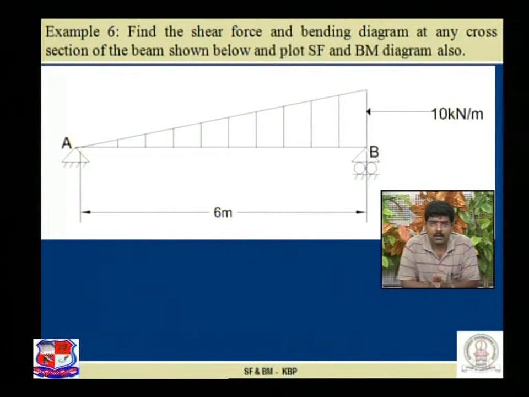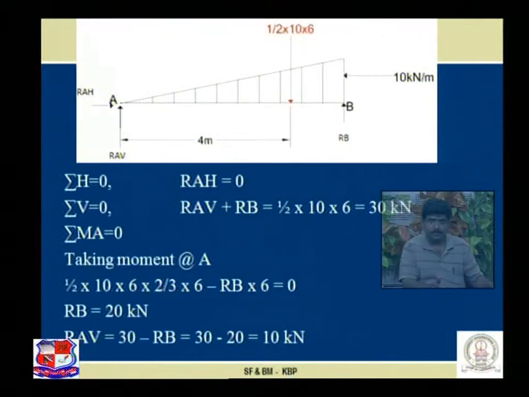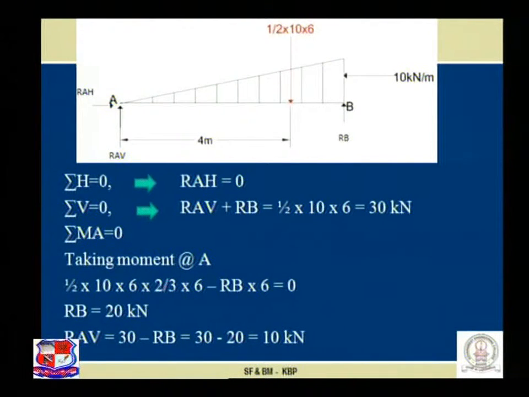Step number 1 is the calculation of support reactions, because support reactions are the basic unknowns that we have to find out first before plotting the shear force and bending moment diagrams. Now please see the figure.